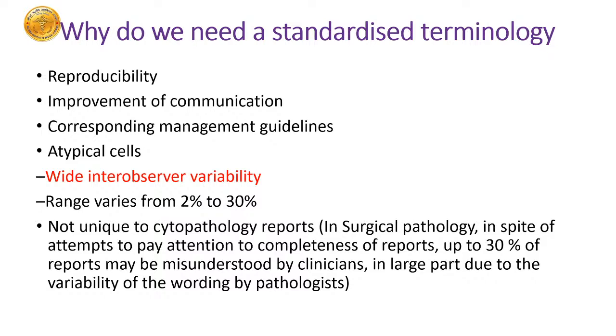So, improvement of communication and reproducibility, and these categories have corresponding management. There is wide inter-observer variability, as we all know, and the range of this variability varies from 2% to 30% or even more when we talk about atypia. And we know that this is not unique to cytopathology. It applies to histopathology reporting as well. Next slide, please.